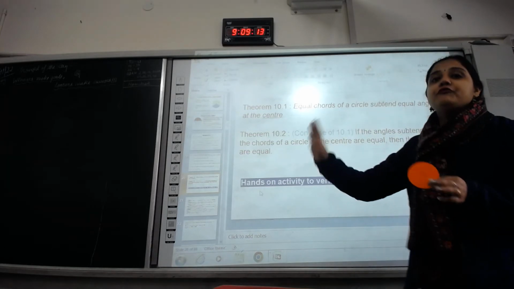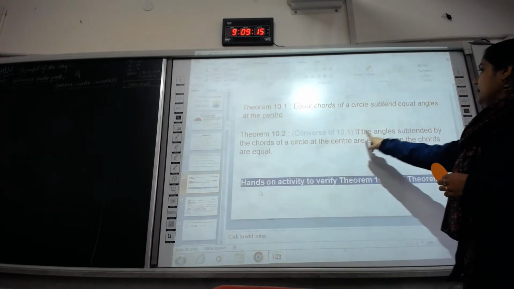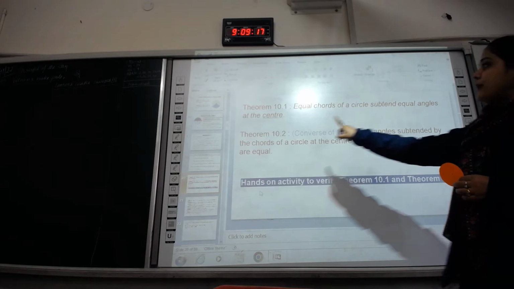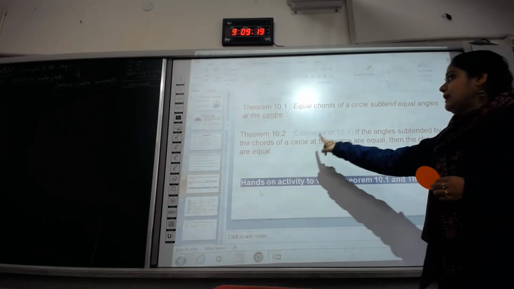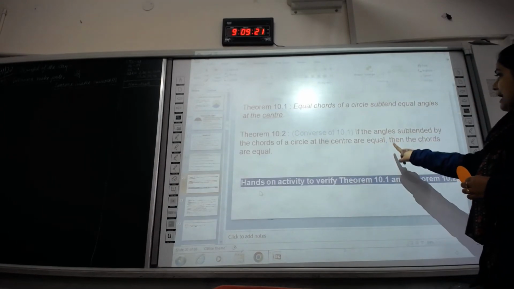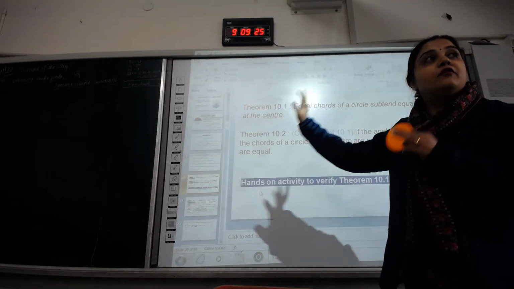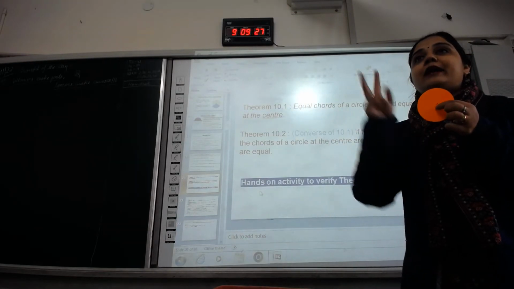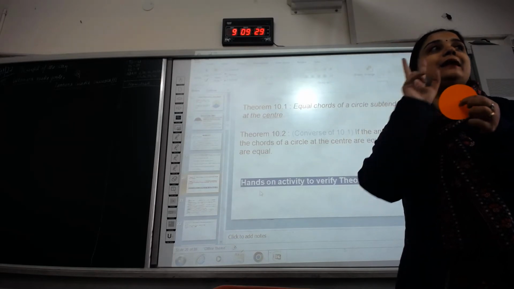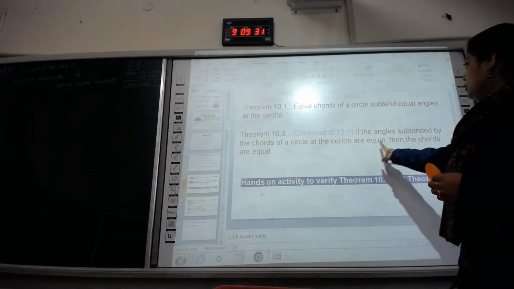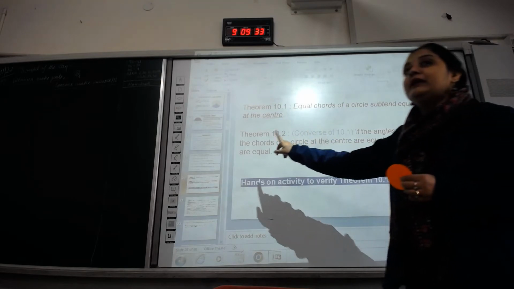Alright, but before that, read the second theorem. If the angles subtended by the chords of a circle at the center are equal, then what they are saying is: they have given you that the angles subtended by two different chords at the center are the same. You need to prove that the chords will be equal.